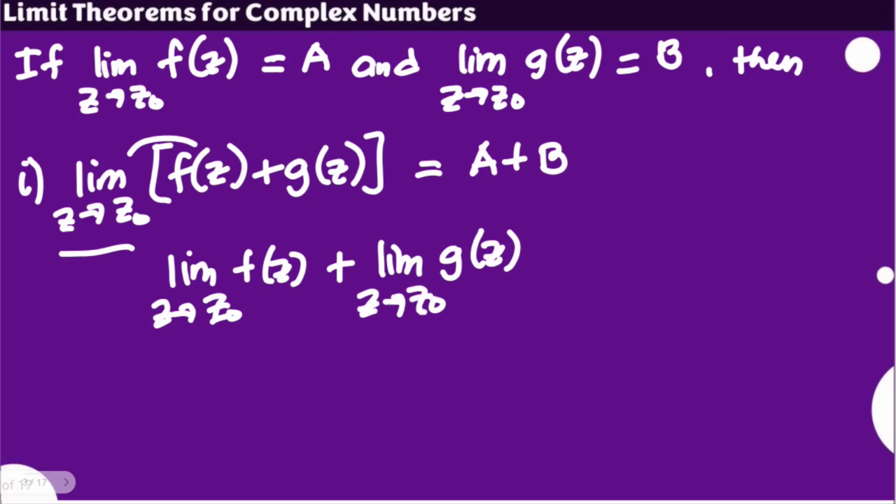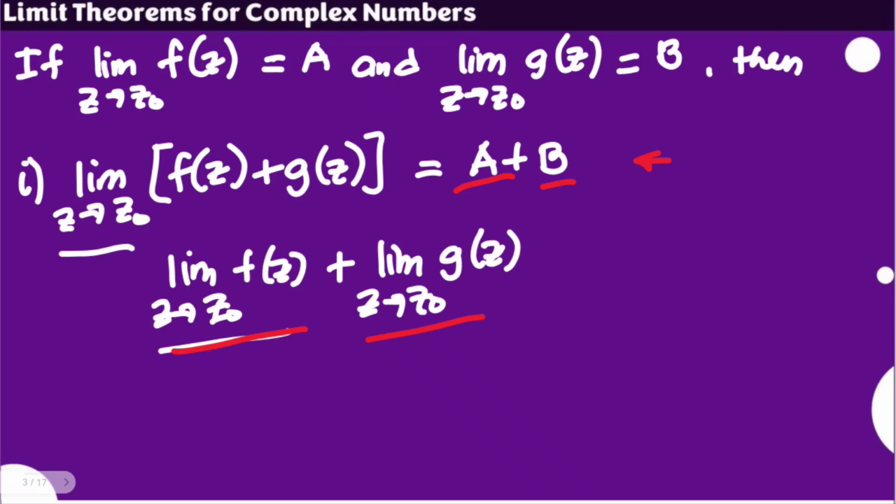As you distribute that, the limit of the first is actually equal to a, and the limit of the second is equal to b. This shows that this limit theorem for the sum of functions is true. Again, given that we already have the limits for the two functions as z approaches the same z sub 0, and if we have a combination of them, simply add their corresponding limits.